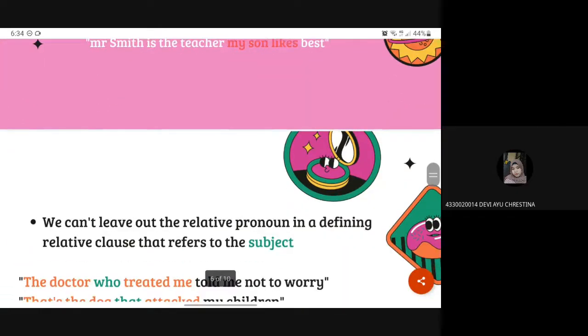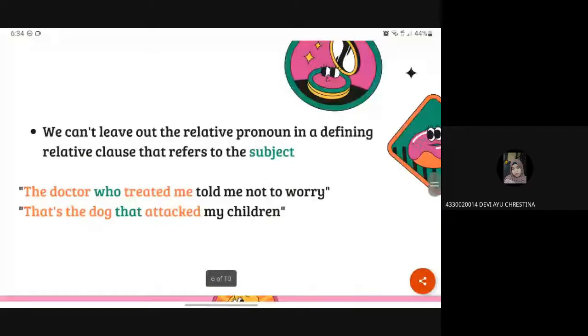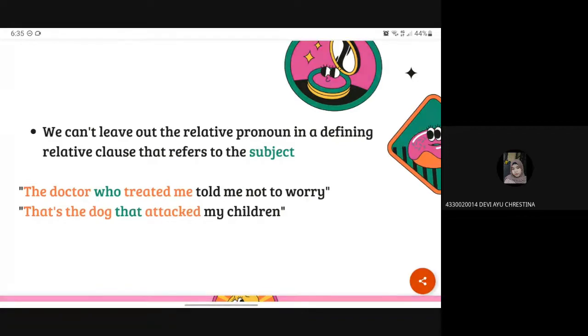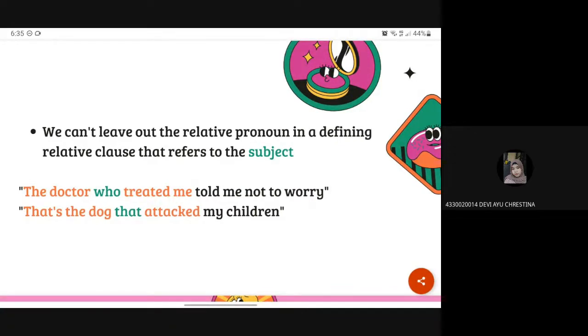And then, if the relative pronoun is the subject, like "the doctor who treated me told me not to worry," the sentence must use the relative pronoun. Like, that's the dog that attacked my children.